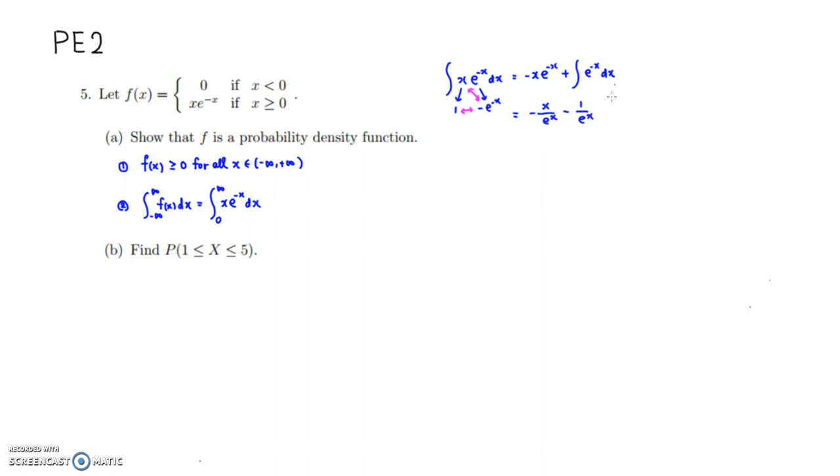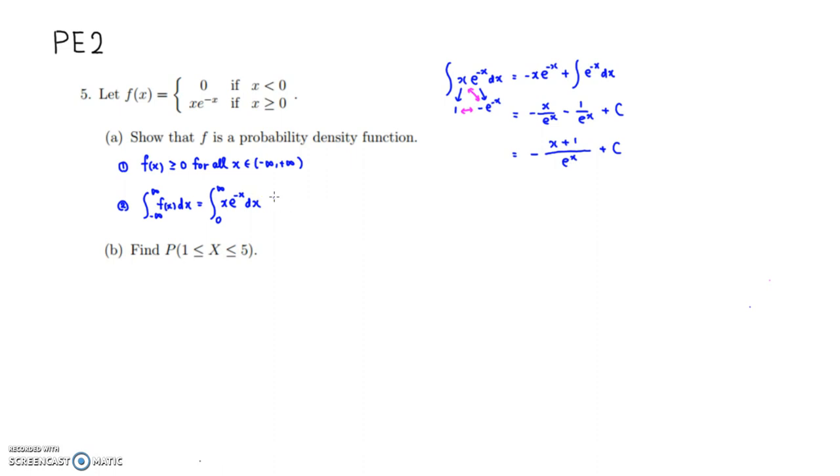Then plus some constant c. Since there's a common denominator, the negative sign is in common, so put it in front. The common denominator is e to the x, so you have negative x plus 1 over e to the x, plus some constant c.